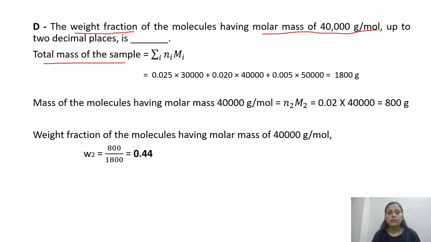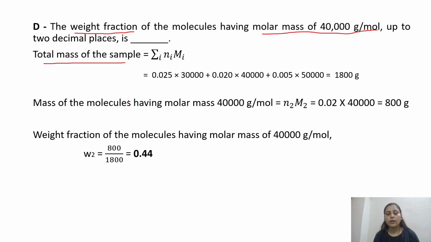So we'll calculate first the total mass of the sample, which is the summation of Ni into Mi, which is the moles of each segment multiplied by its molar mass, and then the summation. For chain X, its number of moles is 0.025 into its molar mass, which is 30,000.